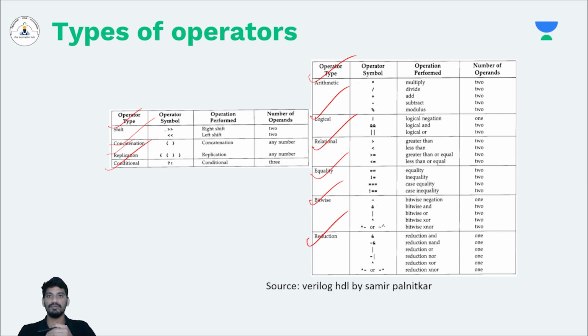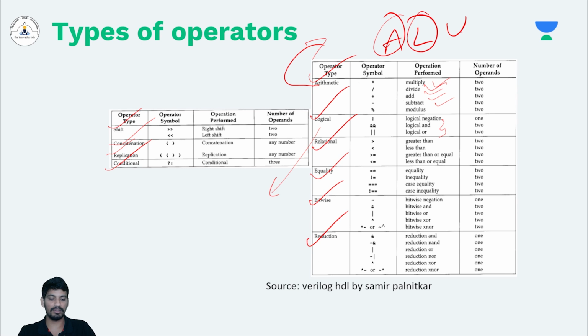These operators will be very helpful while designing a digital circuit, because they perform all the logic operations as well as calculations like multiplication, division, addition, subtraction, and all. So both arithmetic and logic operations can be performed by using operators. That is where we can build the arithmetic and logic unit of any design you want, right?